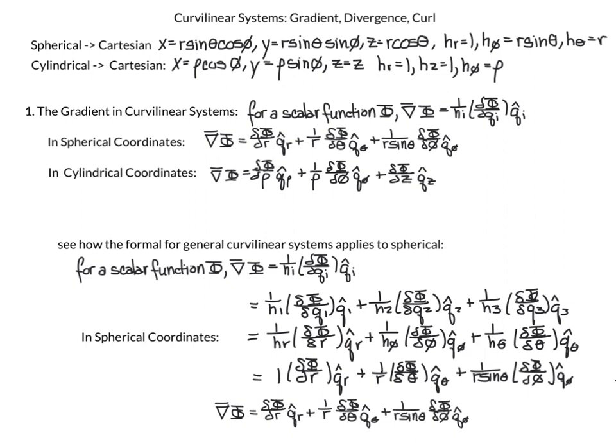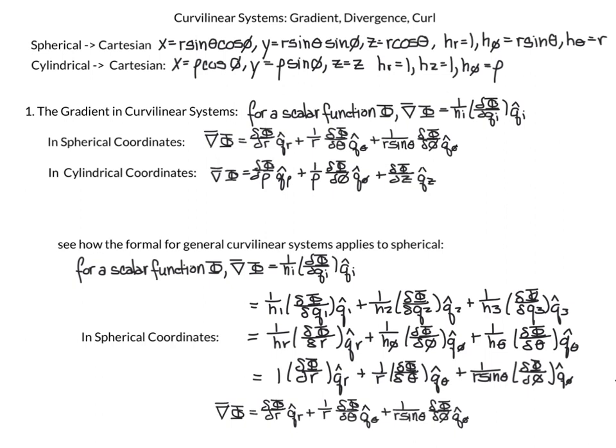My next coordinate is phi, and my last coordinate is theta, 1 over h theta d phi d theta in the theta direction. Now, hr in spherical coordinates is equal to 1, h phi is equal to r sine theta. Oh, I'm sorry, here I switched these two.